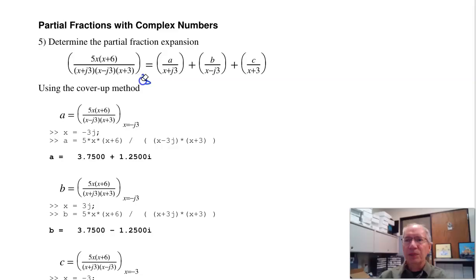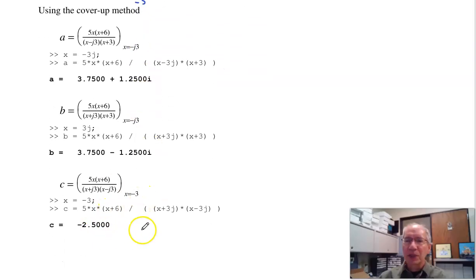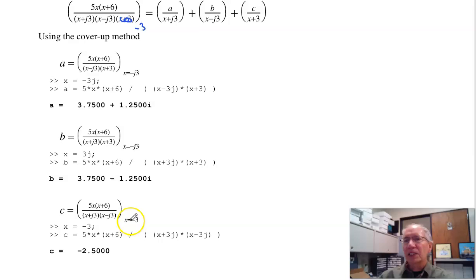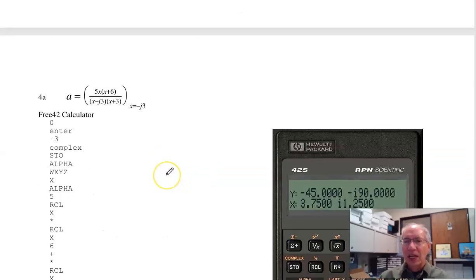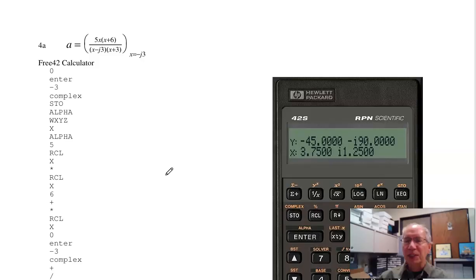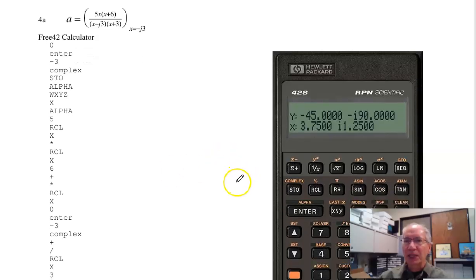And the last term, to find C, I cover up this term, evaluate at x is minus 3, and I get minus 2.5. That's the cover-up method. Same thing you did with partial fractions with real numbers, only now with complex numbers. And that also works with an HP. I'm not going to grind through all that.